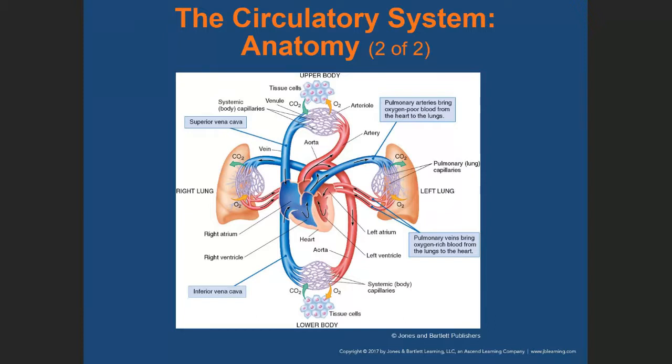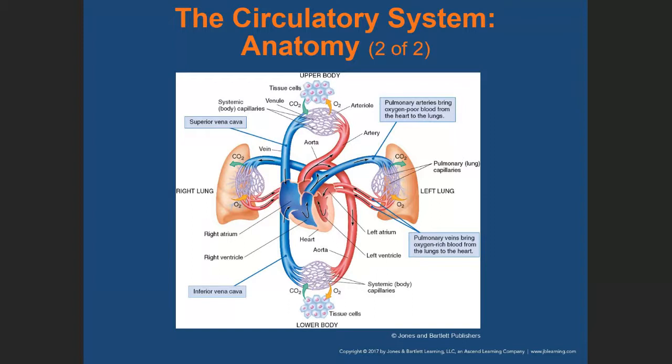All right, now the circulatory system has 3 components. You have the blood, you have the pipes, which is the blood vessels, and you have the heart muscle, which is the pump, right?